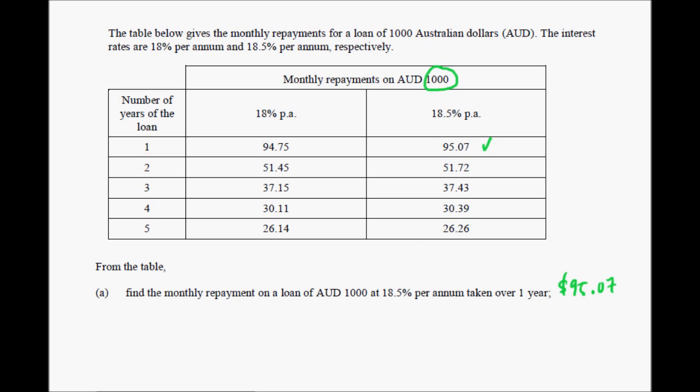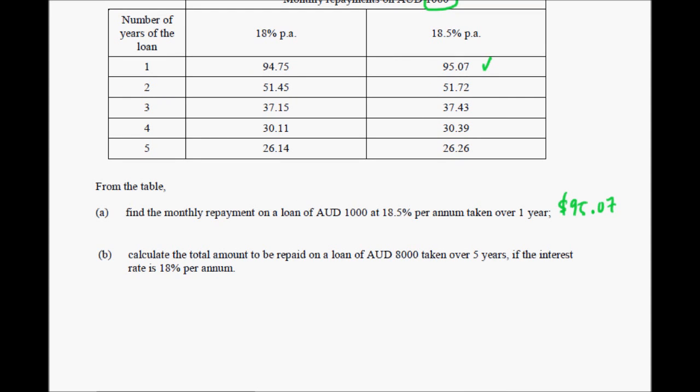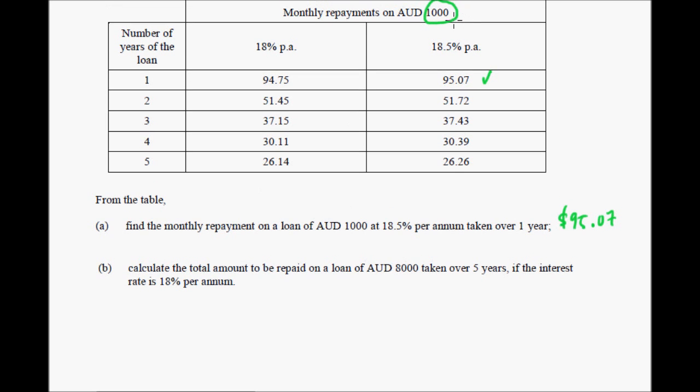Okay, and then let's look at the last part here. It says calculate the total amount to be paid on a loan of 8,000 Australian dollars over 5 years if the interest rate is 18%. This is a typical problem. Monthly repayments are based on 1,000 AUD.